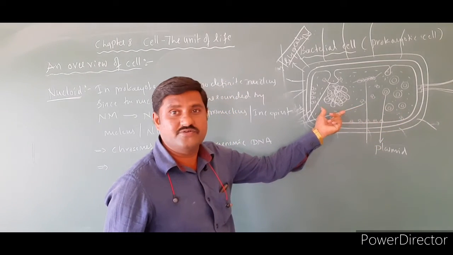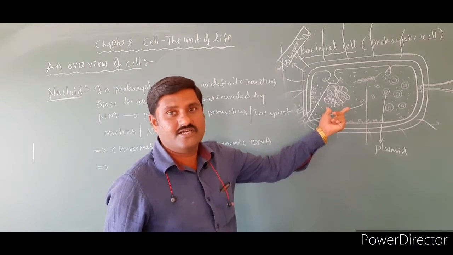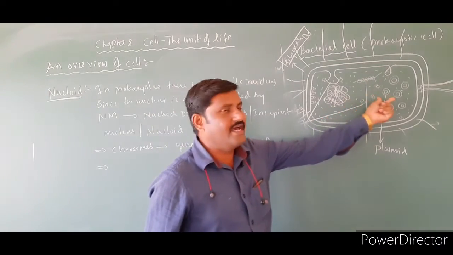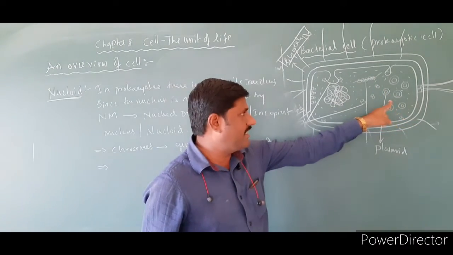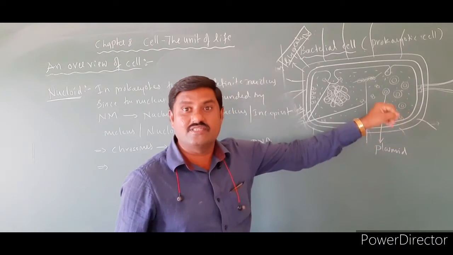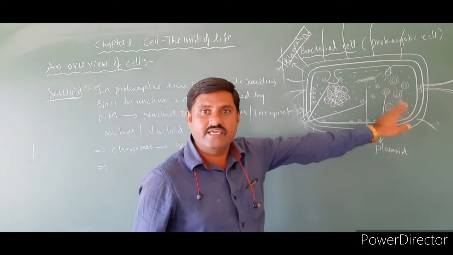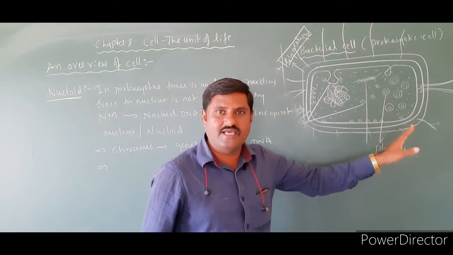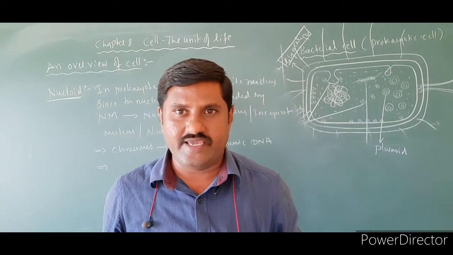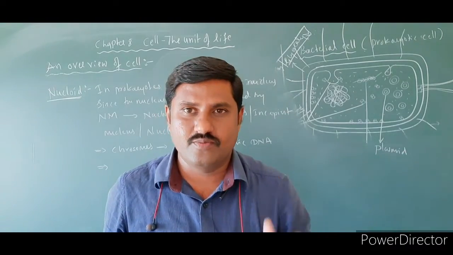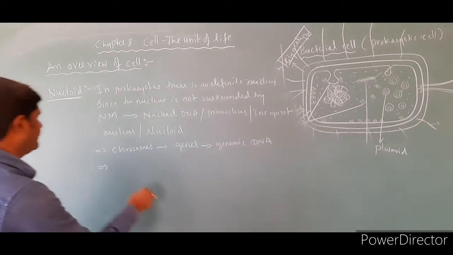They are not confined to the chromosomes which are formed as a result of condensation of the chromatin network. Hence they are extra chromosomal. Self-replicating means they can duplicate themselves on their own. They are extra chromosomal, self-replicating chromosomes or self-replicating circular DNAs.